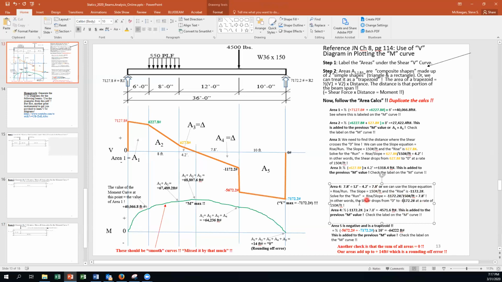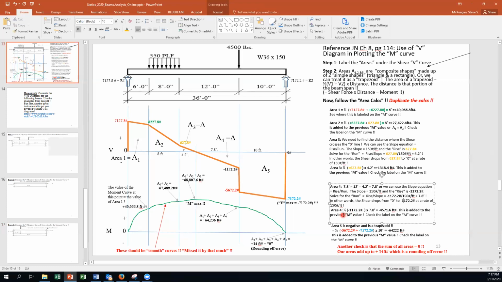So there's a check for us. In other words, the shear drops from 0 to negative 1172 at a rate of 150 pounds per foot. There's the value of area 4.